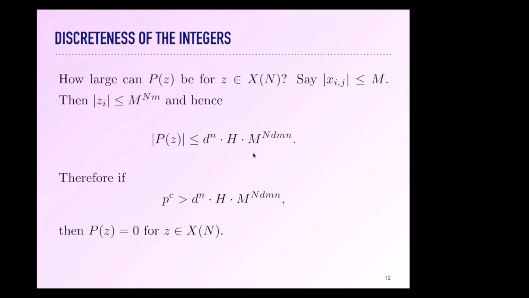Okay, so the size of a polynomial of degree d: the exponents can be raised to the dth power, and then you have n variables, so you multiply them all together, so you get another n. So you get dmn here. And then the coefficient has height h, and there are d to the n monomials that you're adding together, so you get a factor of d to the n. So here is your Archimedean absolute value.